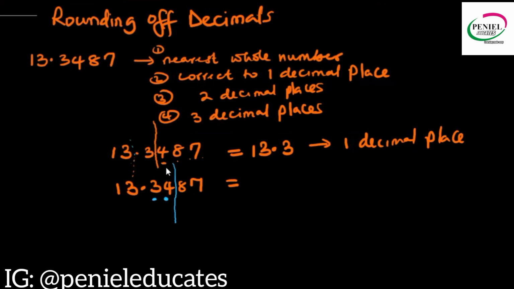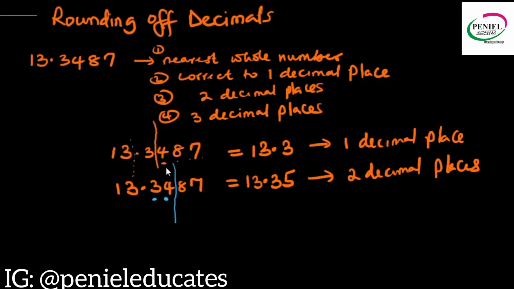That's what we're going to check. So we have 13.34. This 8 is a number that is between 5 and 9. So this 8, I'm going to convert it to 1. Then I'm going to add it to the next number, which is 4. Once I add that 1 to this, it's going to give me 13.35. So that is my conversion to two decimal places.